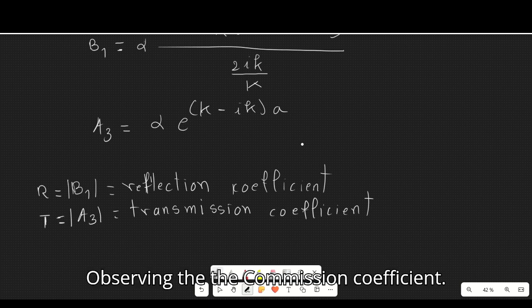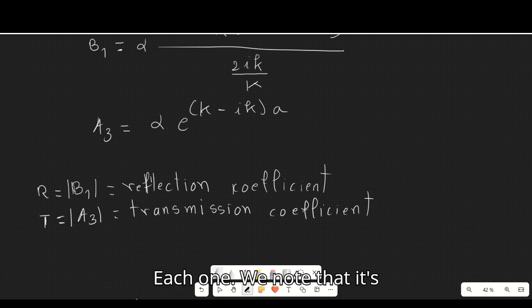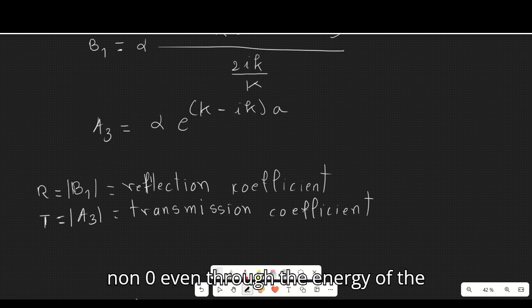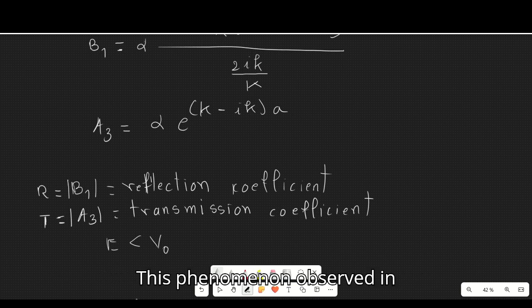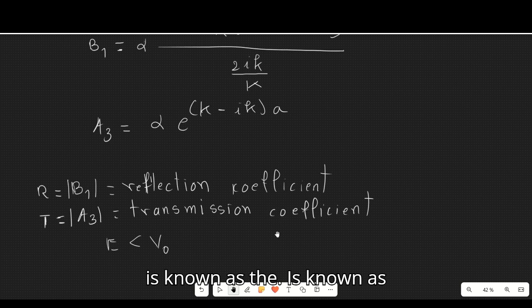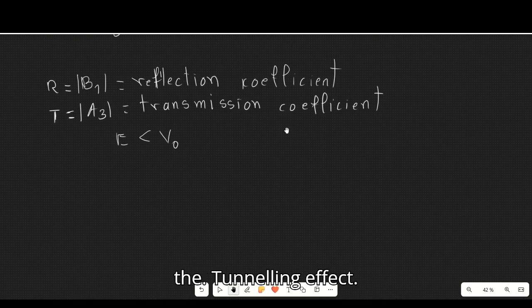Observing the transmission coefficient a3, we note that it is non-zero even though the energy E of the quantum particle is lower than the potential barrier V0. This phenomenon observed in quantum physics is known as the tunneling effect.